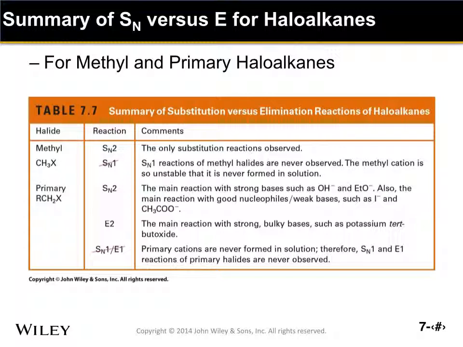The general idea is that if you're taking off a proton, that's not going to be a problem sterically. If you're trying to bind a nucleophile with an electrophilic carbon, that is subject to steric interactions. So for primary alkyl halides, we're not going to do SN1 or E1 either because we're not going to form carbocations.